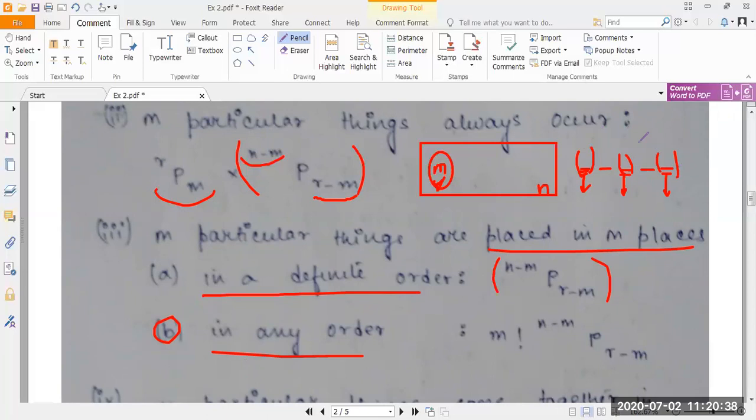These m balls can take any of those places, but they need to be in these places only. They cannot be in the second and the fourth positions, but they can be anywhere in the first, third, or fifth position. So we have been given these m positions in which the m balls need to be. We can arrange those positions among themselves in m factorial ways. And going by the previous logic, I already have the other positions of the remaining r minus m balls that need to be chosen from n minus m balls.